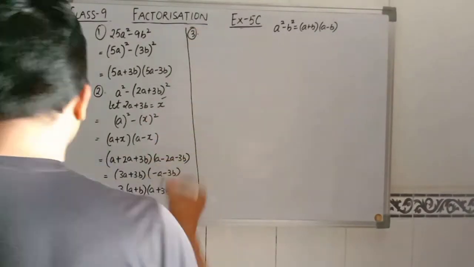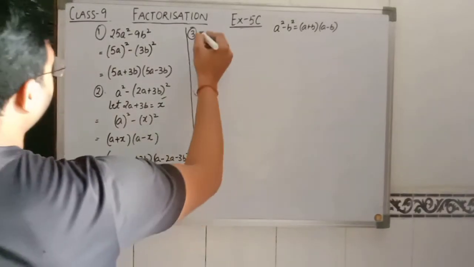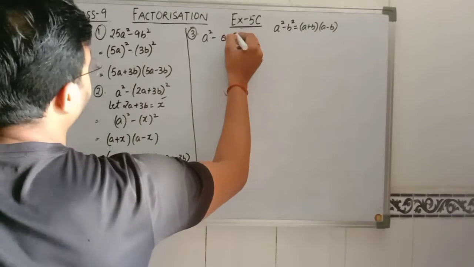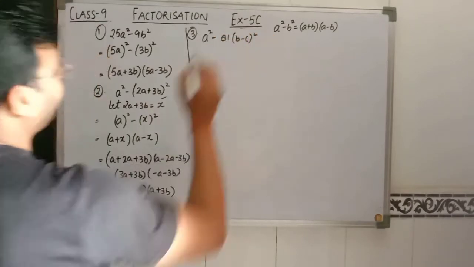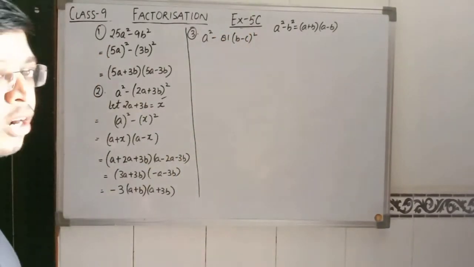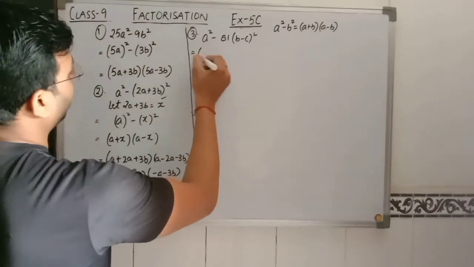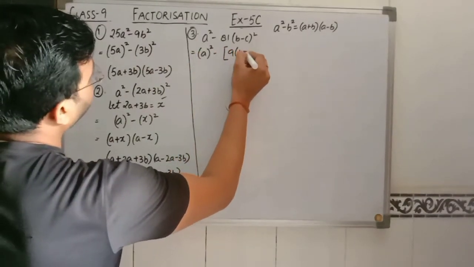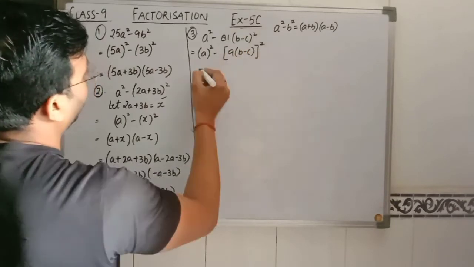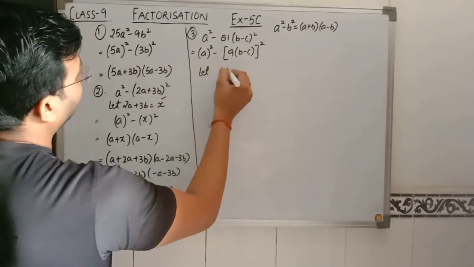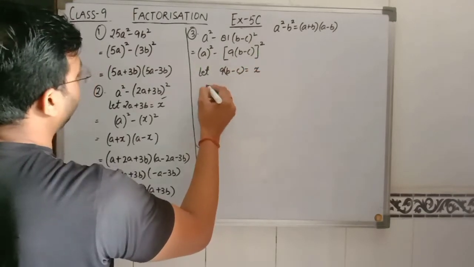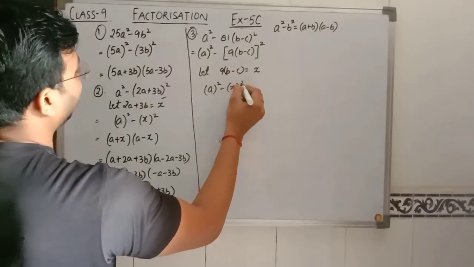Now we are coming to question number 3: a square minus (81b minus c) square. The first term is written as a whole square, but the second term is not, so we can write it as (9b minus c) whole square. Now let 9b minus c be equal to x. So the question becomes a square minus x square.